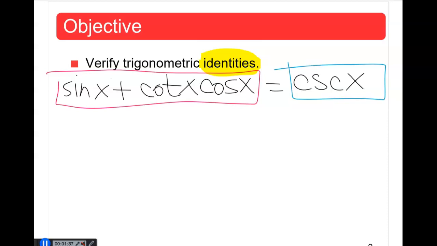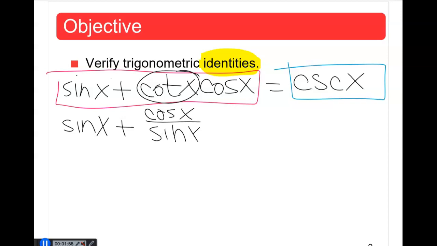So what we could do first is to write everything in terms of sine and cosine. And so for cotangent x, by the quotient identity, that is equal to cosine x over sine x. Cosine x, I'm just going to write it down here. And I'm not going to do anything to the right side.